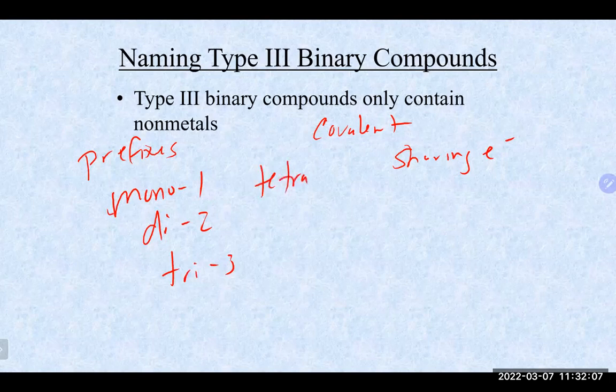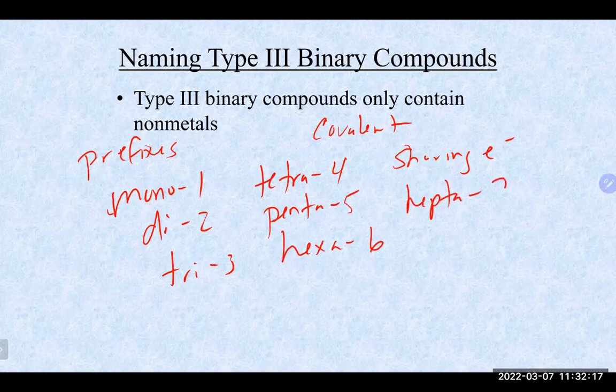Tetra, which is 4. There's a table coming up, I think. Penta, which is 5. Hexa, which is 6. Hepta, which is 7. Octa, which is 8. Nona, which is 9. And deca, which is 10. So these are actually the ones that we use prefixes for.